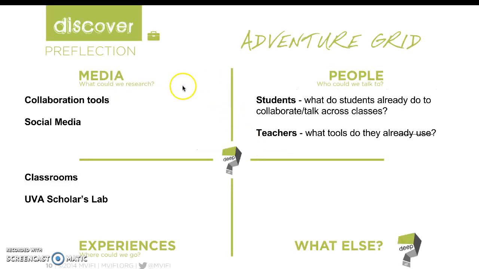So, for example, I could say, you know what? I'm really interested in collaboration tools, so I am going to go and do this. Emily's saying, oh, she would really like to talk to some UVA students to see how they might talk across sections, so she's going to go do that. And Jamie is going to go look at the classrooms in the UVA Scholars Lab to see how that's going to happen.